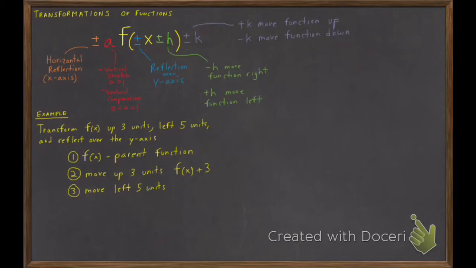So since we want to move to the left, left must be a what? It must be a positive h value. So our new name now becomes f of x plus 5, plus 3. So that name now shows that the function has moved 3 units up and left 5 units.